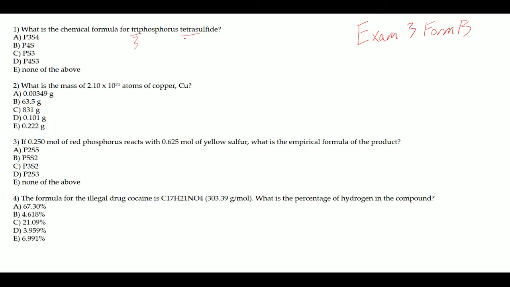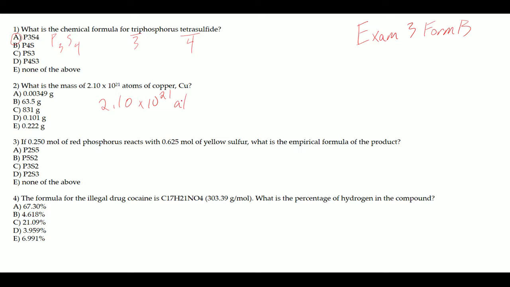So tri means 3, tetra means 4, so this is going to be A, phosphorus 3, sulfur 4. Some subscripts and superscripts got messed up in the formatting here, but these should be subscripts, P little 3, S little 4. What is the mass of 2.10 times 10 to the 21st atoms of copper?